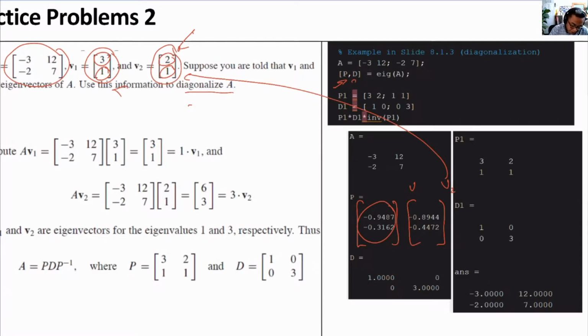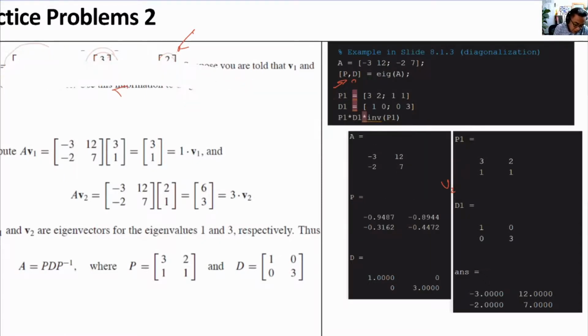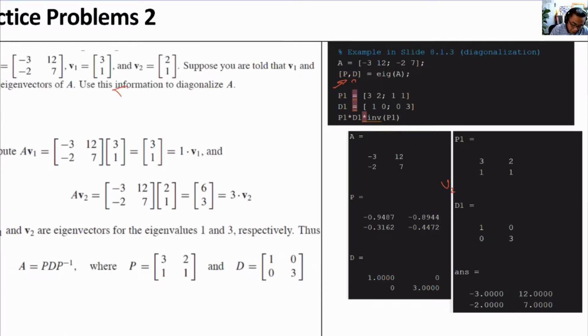Now, the second thing we have always been telling you is that this is A equals P D P inverse. Sorry. We've always been telling you that this is the definition of the similarity transform, implying that A equals P D P inverse.